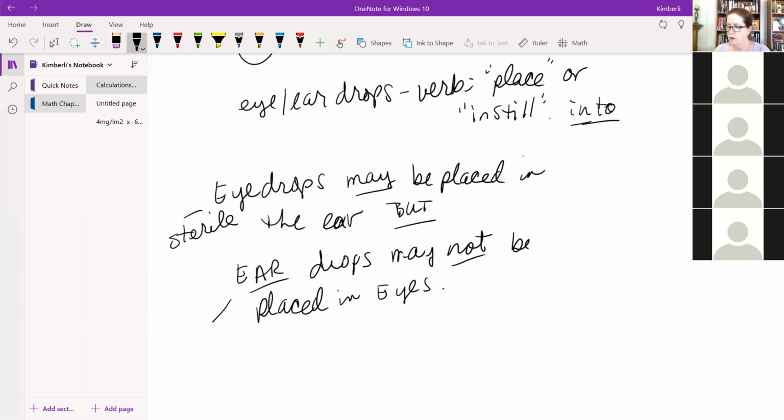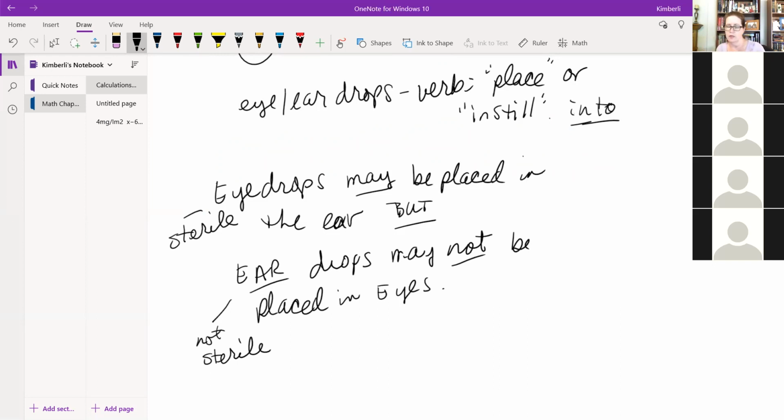Ear drops don't have to be sterile, because we have an eardrum. If the eardrum is pierced, technically it could follow the auditory nerve up to the brain, but most of the time eardrops aren't going to get systemically into the body. Eye drops going into the eye are absorbed systemically.